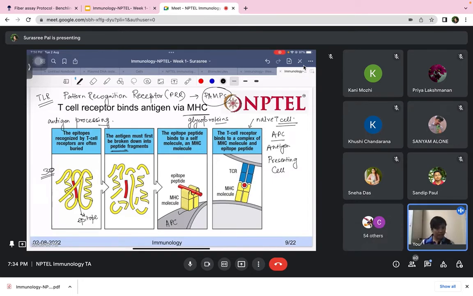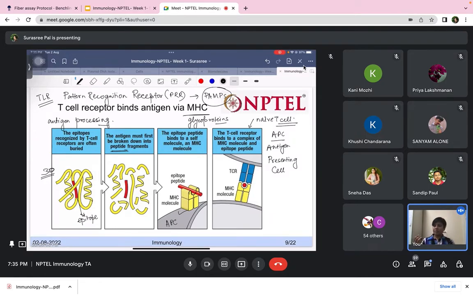What do we mean by naive? Naive T cell is something which has not met the antigen yet, right? And these naive T cells are circulating in the blood.